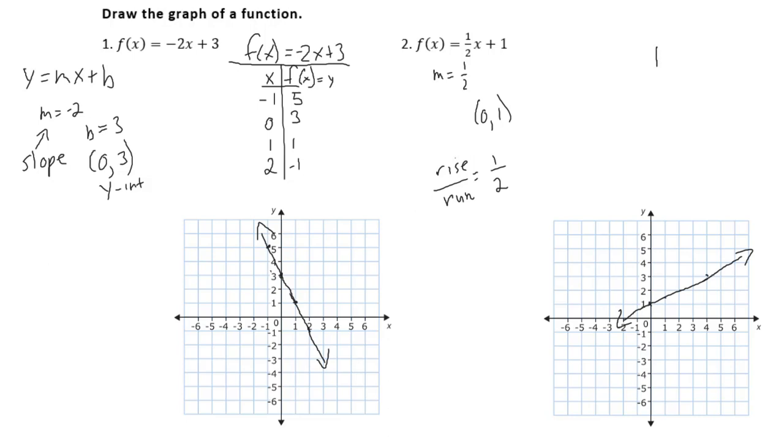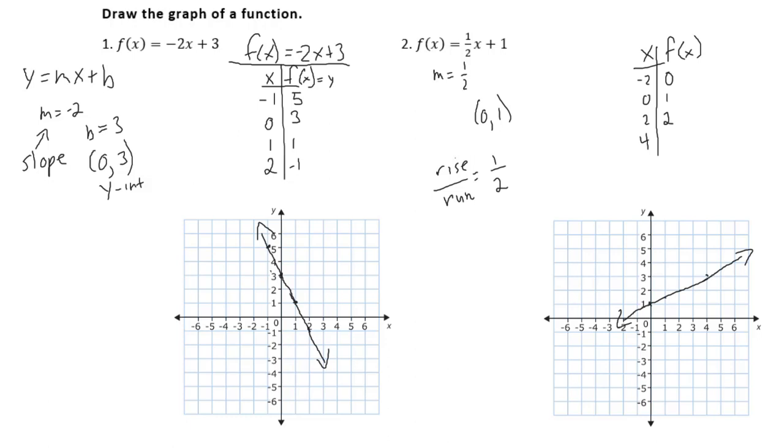And again, you can also use the table method. So let's say, now since the denominator of my slope is 2, I'm going to increase by 2, just because it makes it easier to plug in. Half of -2 is -1, plus 1 gives me 0. 0 gives me 1. Half of 2 is 1. 1 plus 1 is 2.